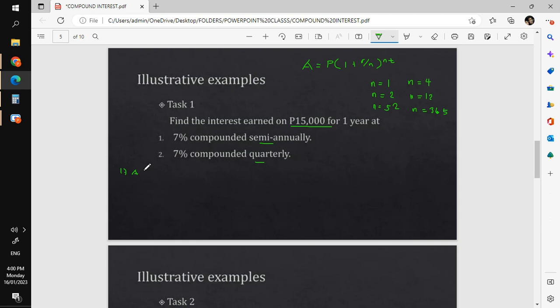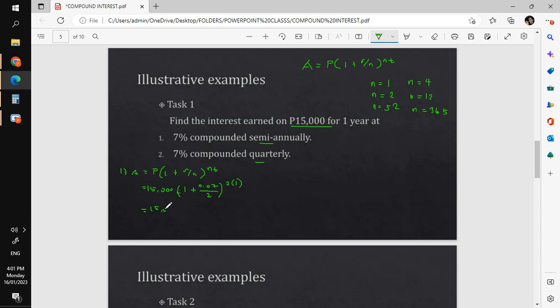For number one, A is equal to P times 1 plus R over N raised to N times T. Given our principal amount, that is 15,000, times 1 plus the rate of interest 7% converted into decimal form, that becomes 0.07, all over the number of times it is compounded. Since this is semi-annually, the value of N will be 2, raised to 2 times 1.